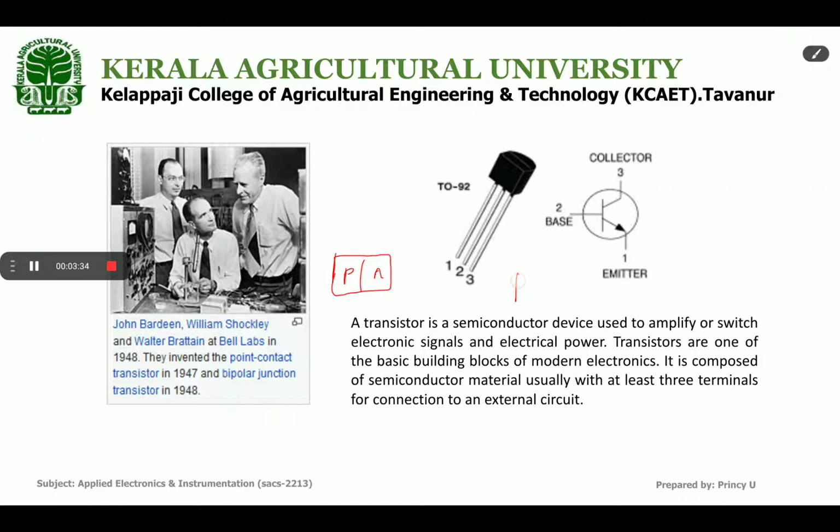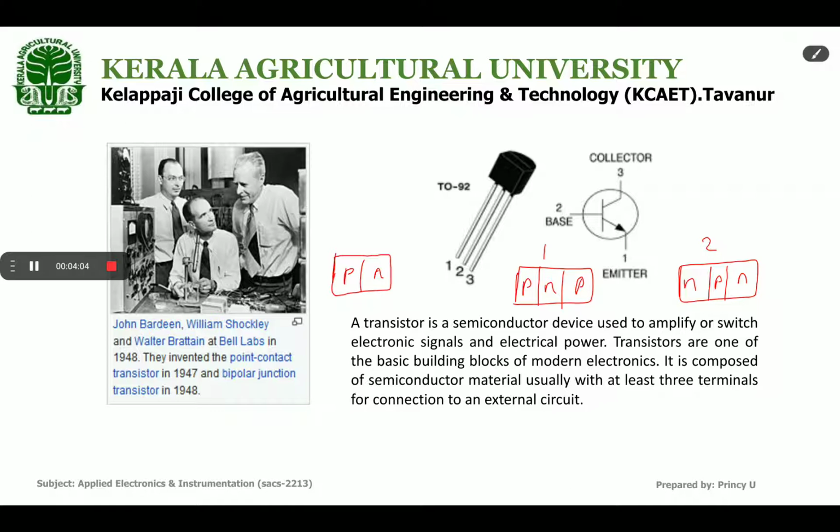If we sandwich an N-type semiconductor between P-type semiconductors, or sandwich a P-type semiconductor between N-type semiconductors, we can construct 2 types of transistor, that is PNP and NPN.